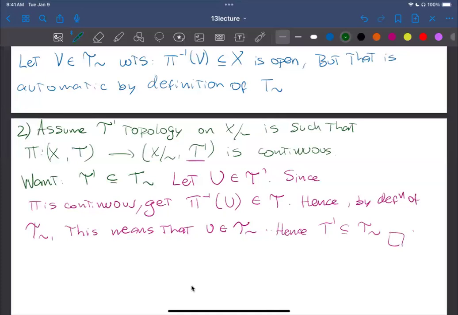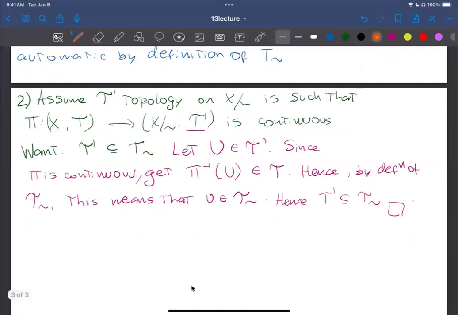Okay, now we know we have a topology, we have a theorem stating how natural it is. Next thing we want to do is understand this topology on examples. So what we want next is some examples of topological spaces of X quotiented out by a relation.